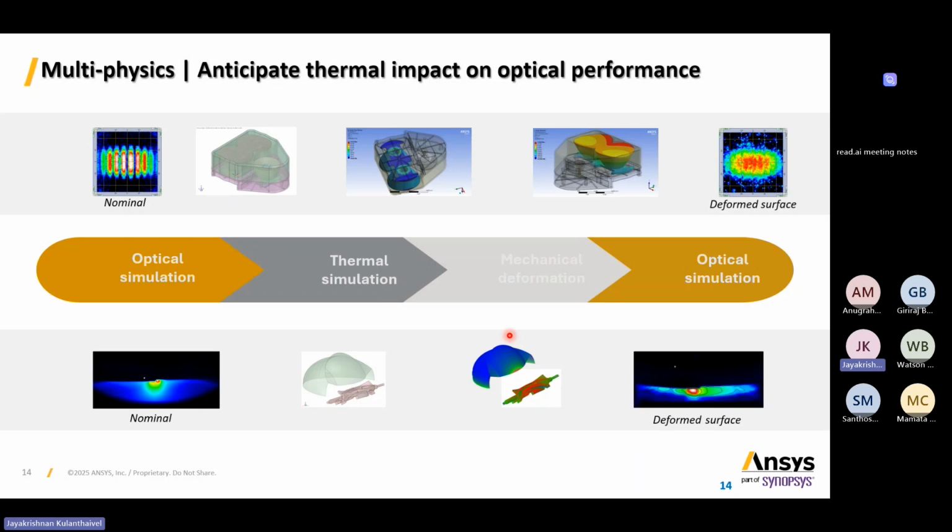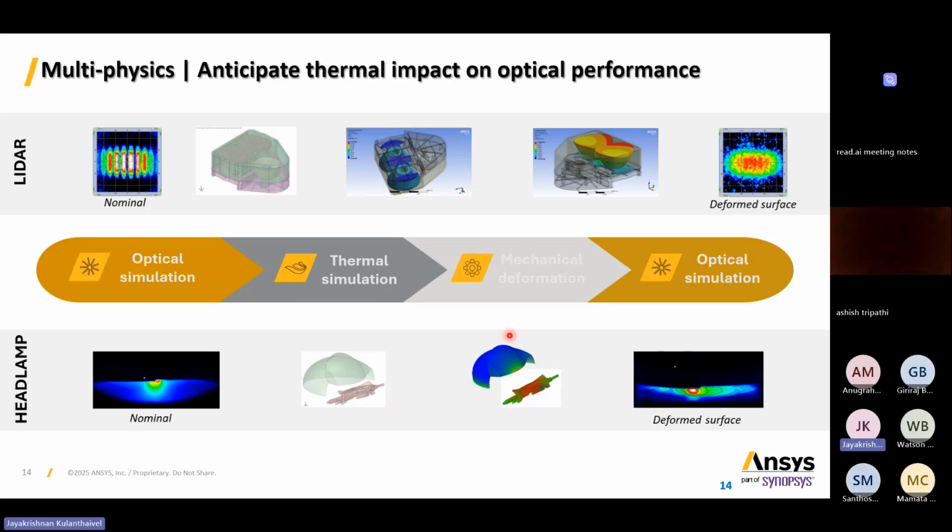So you can do multiphysics. Earlier, I showed you the complete Ansys product portfolio, right? These Ansys optics tools, like Ansys Speos, can interact with other tools as well, for multiphysics simulation, where you can anticipate thermal as well as structural impact on your optical performance.